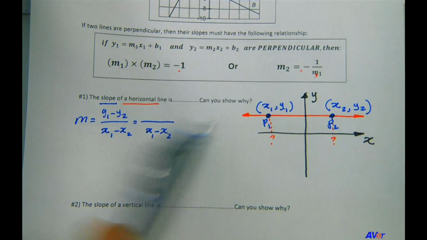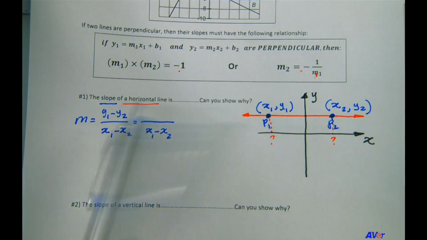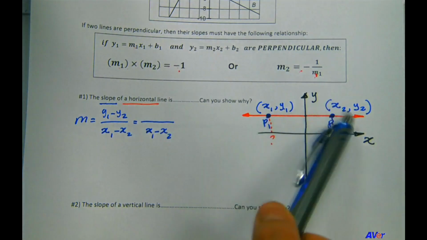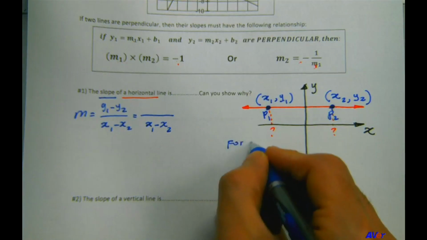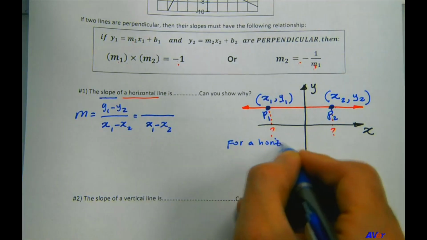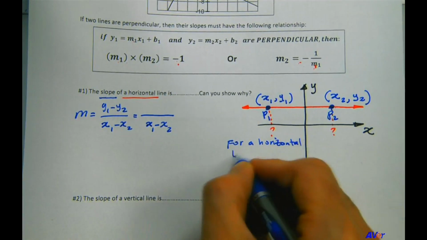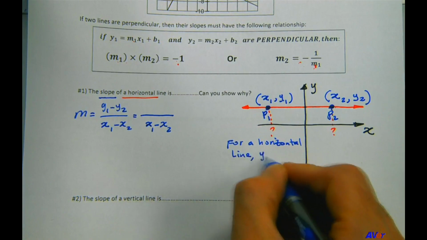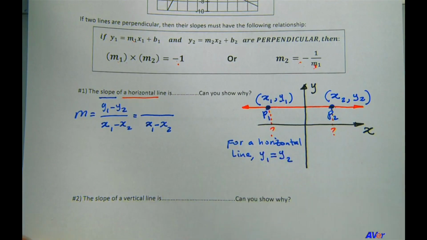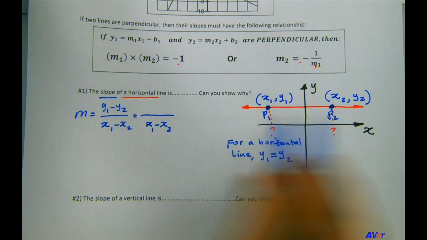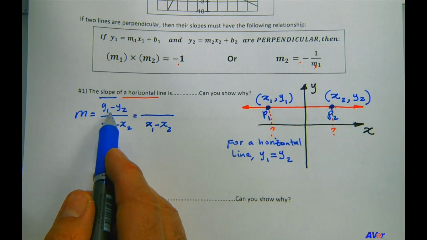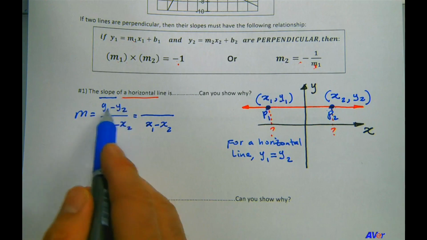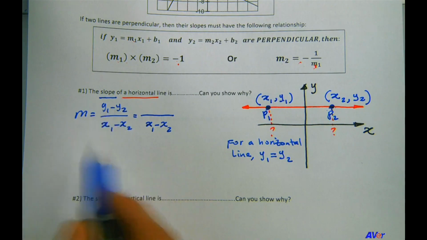So for a horizontal line, y1 and y2 are the same. Let me write that down here. For a horizontal line, y1 equals y2. So if y1 equals y2, those are the y components of these two points, then what would this difference be equal to?